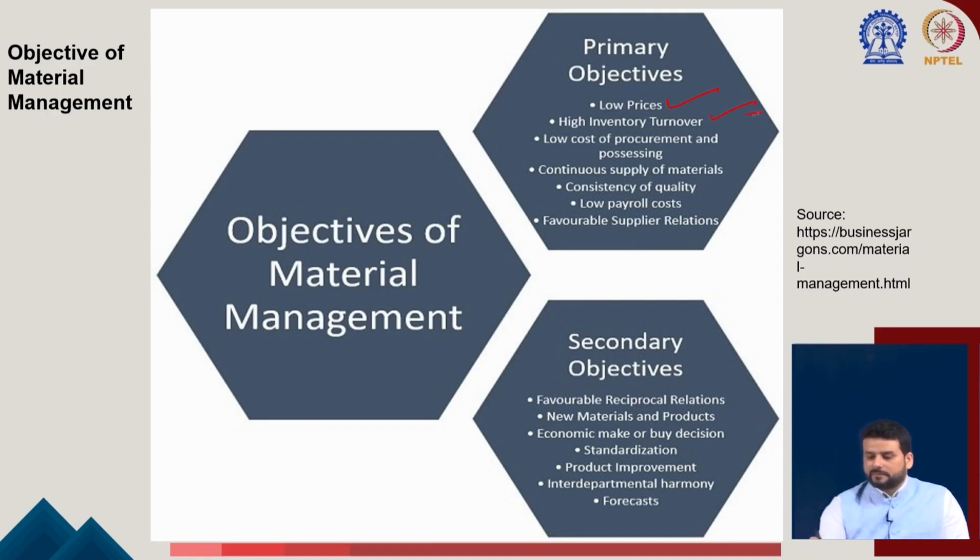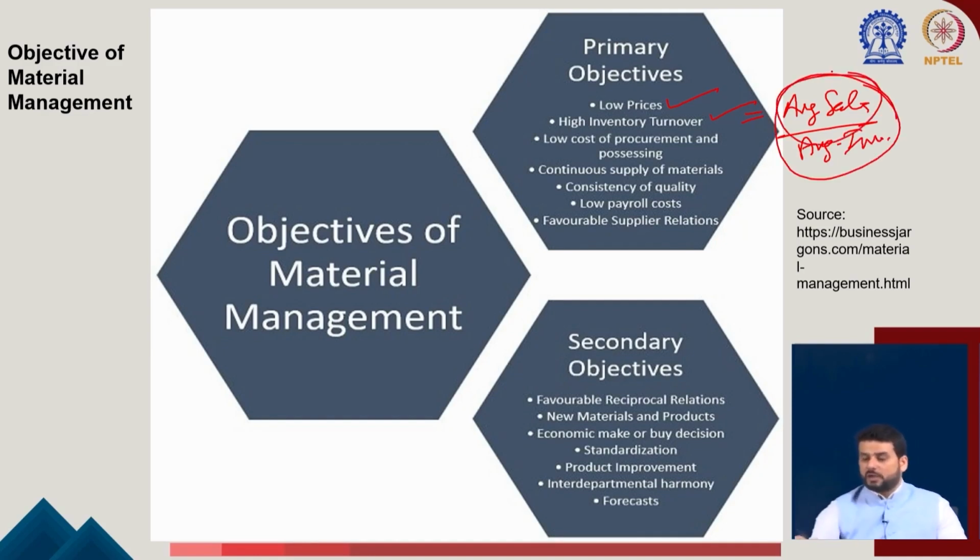High inventory turnover means average sales over the average inventory you are maintaining. If it is high, it is better, because your holding cost is very low, as you are frequently ensuring the consumption of that inventory and converting it into sales, right? Other objectives are continuous supply of material, consistent quality, and overall direct and indirect costs when acquiring the material, and favorable supplier relationships.